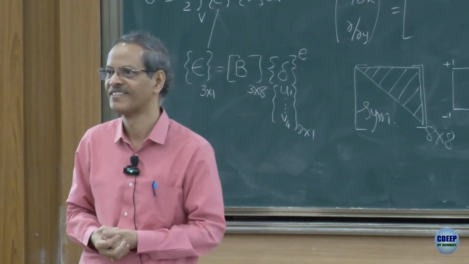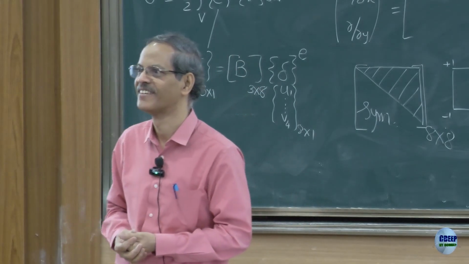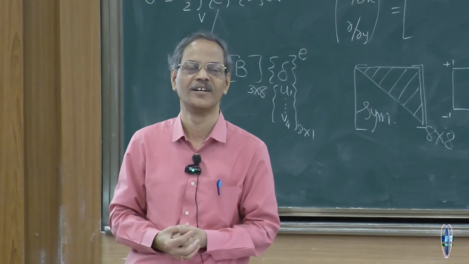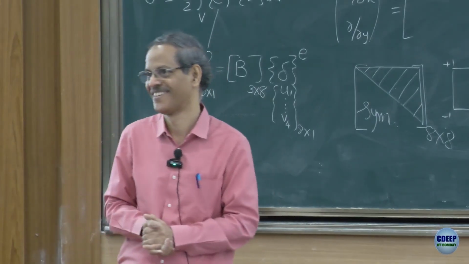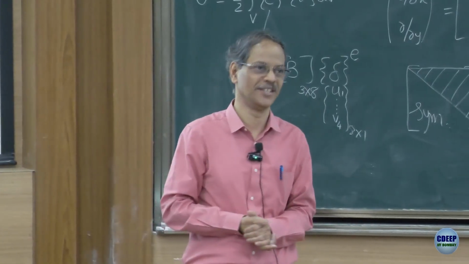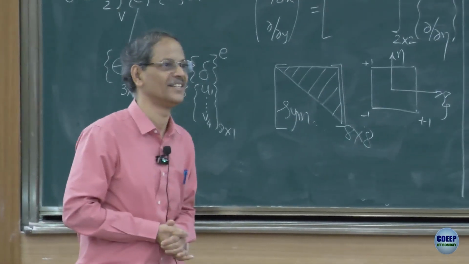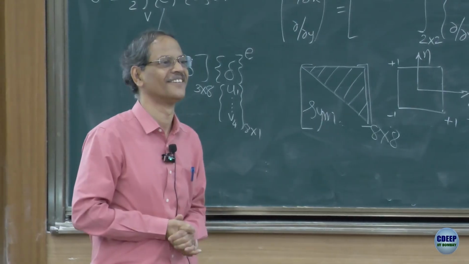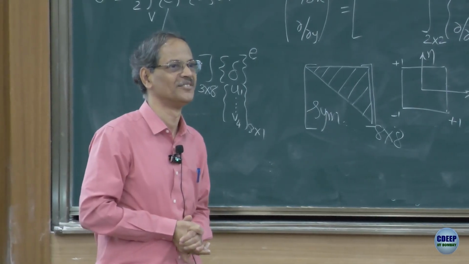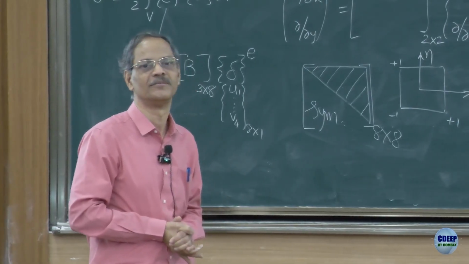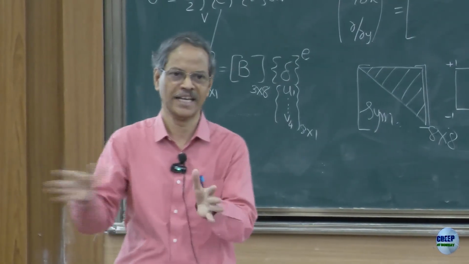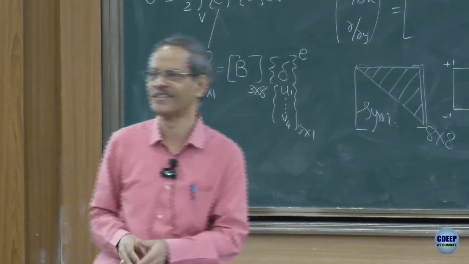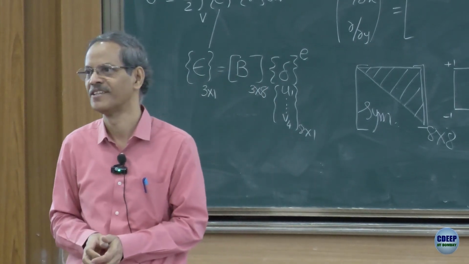Okay, where else? Where else have you come across Gauss? Gaussian distributions. Okay, very good. Where else? Okay, solving Ax is equal to b, one set of algorithms.